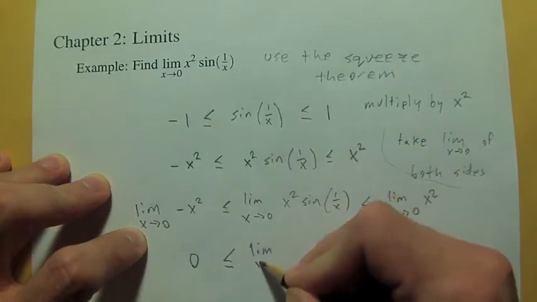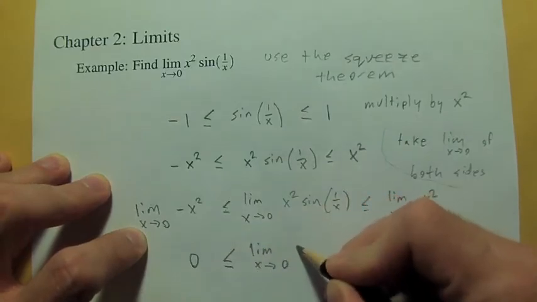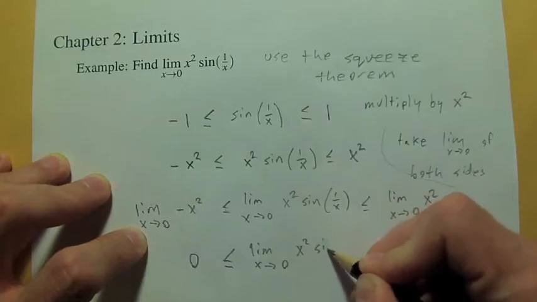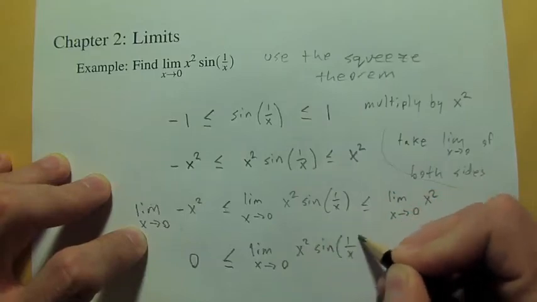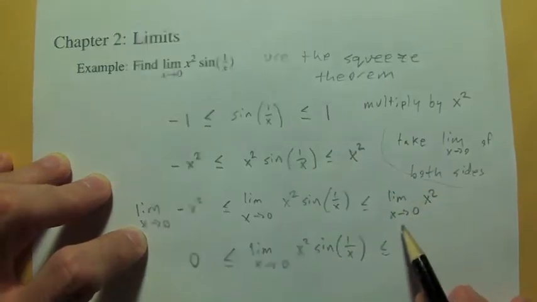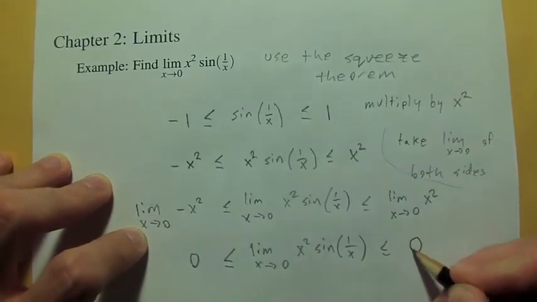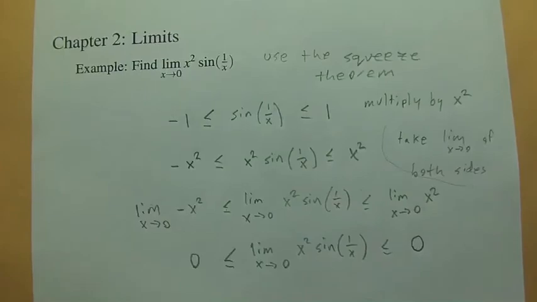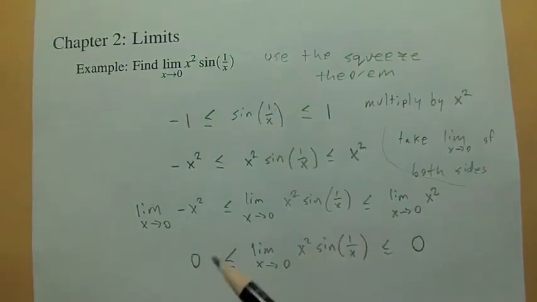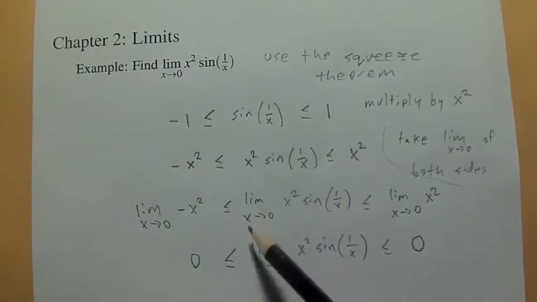This limit is what I'm looking for, the limit as x goes to 0 of x squared sine of 1 over x. And the limit as x goes to 0 of x squared is also 0 when we plug 0 in. So what I have here is that 0 is less than or equal to this limit that we're looking for, which is less than or equal to 0.